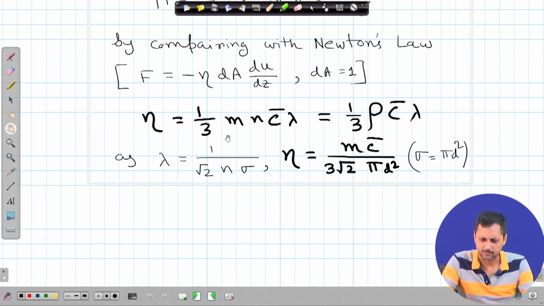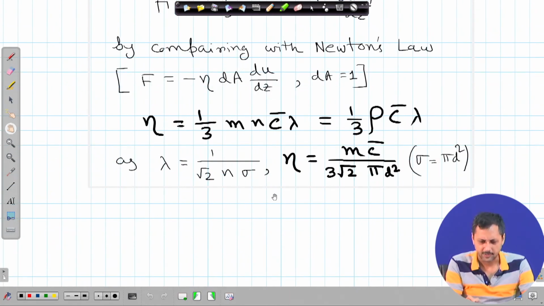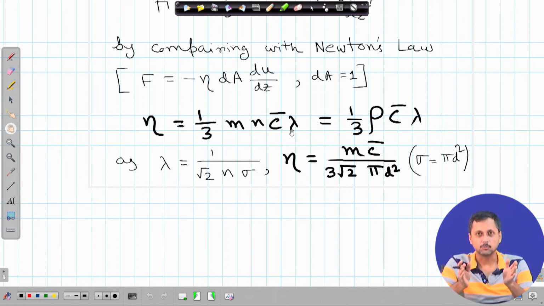let us go back to this expression here. Okay. So, you see eta is actually proportional to lambda, and also there is a number density. Look at the first expression 1/3 m n c bar lambda. Now, what happens is when the pressure is very low, the lambda becomes so large that it is almost equivalent to the dimension of the container.